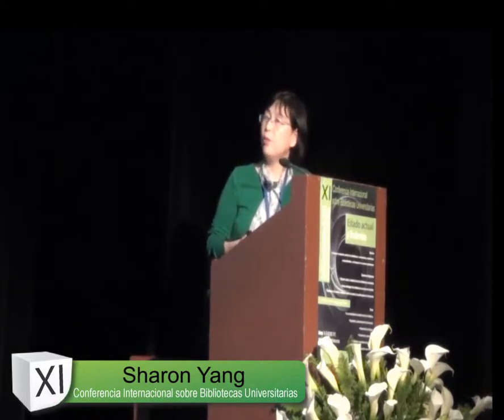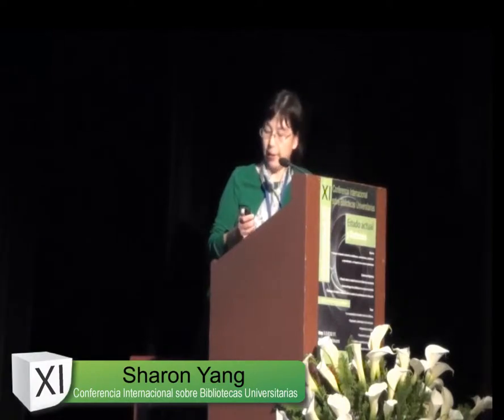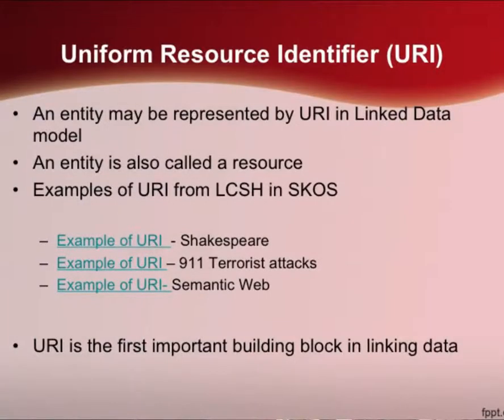So uniform resource identifier is called URI. A URI is a resource on the internet which represents an identity. It's very clear which Boston, and which UC Berkeley. So an entity on the web is a resource, and it's represented by a unique URI.